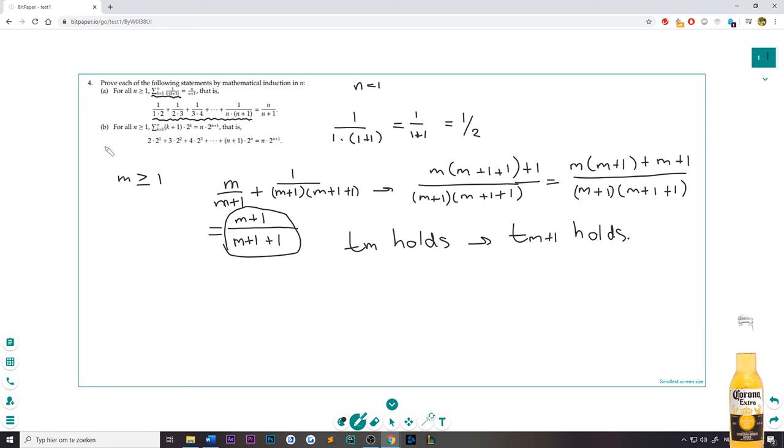So I guess because of time, I'm gonna skip 4b, okay? And then if I skip 4b, I can move on to question 5.